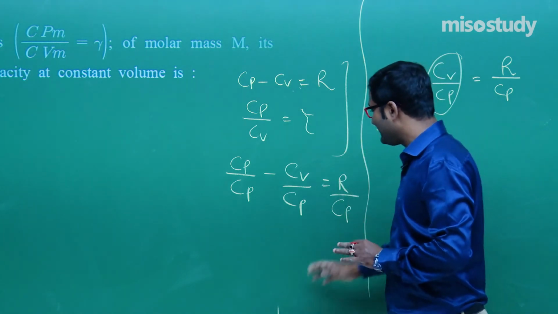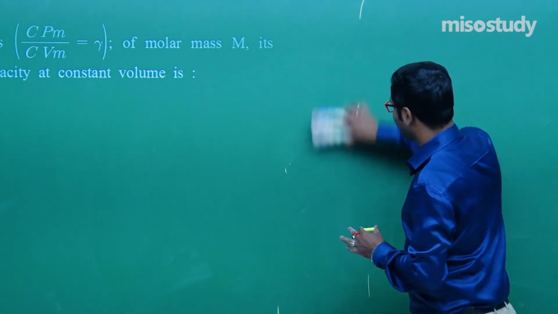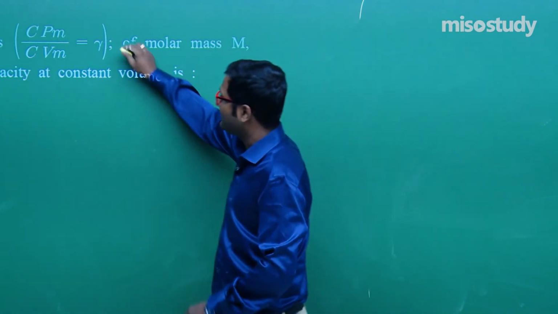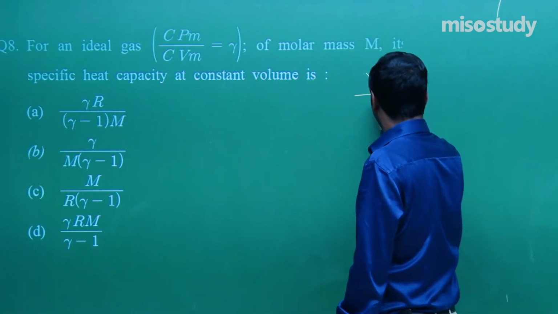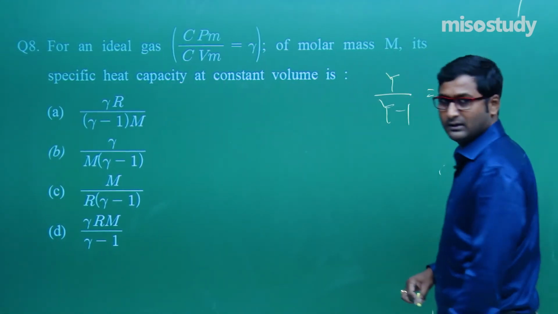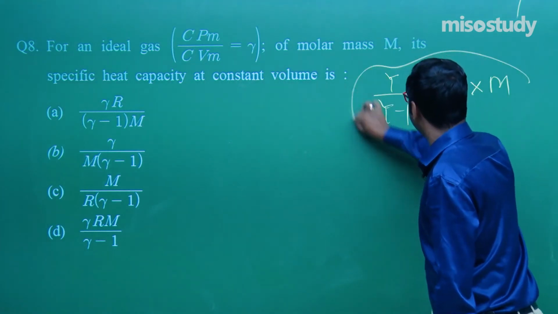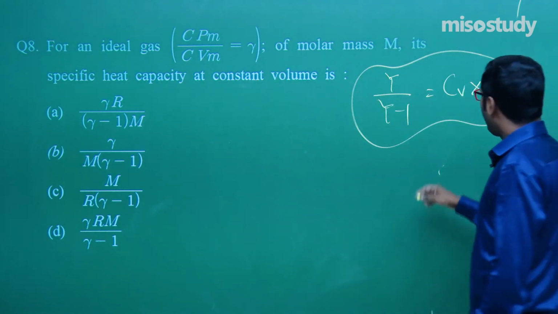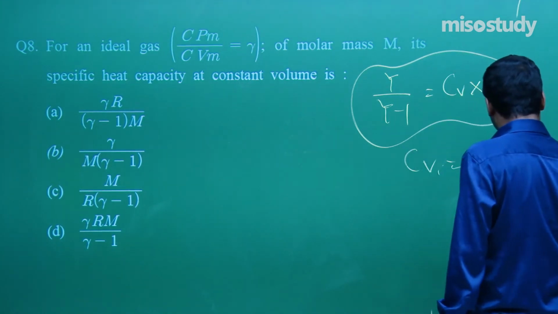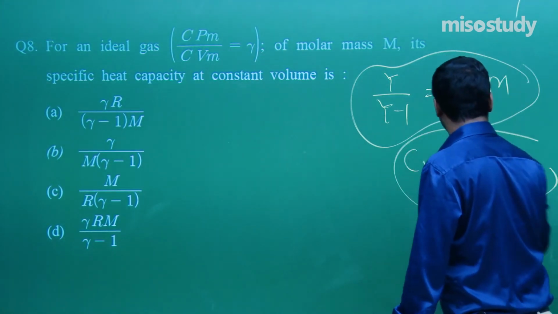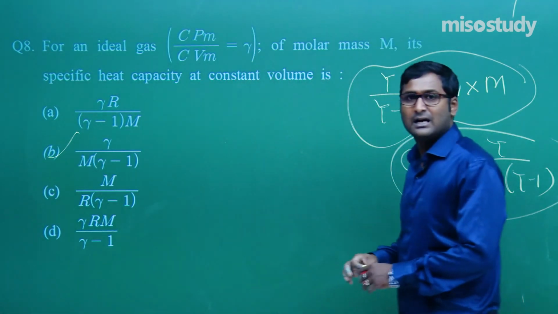Now, I am not going to solve the direct relation here. In the case of Cp upon Cv, we find gamma upon gamma minus 1 is equal to Cv into m. This is the final relation. Or Cv is equal to R upon m into gamma minus 1. This is the relation, and the answer in this case is R upon m into gamma minus 1.